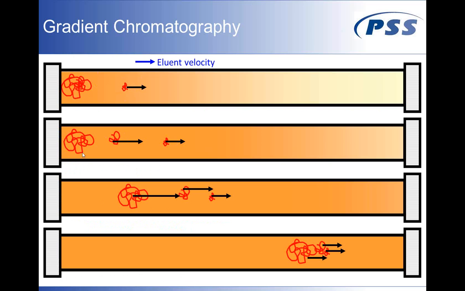And finally, at a certain composition, the fat ones here will also start to migrate, but they are already very close to critical conditions and will move much faster than the other ones. And for that reason, because the big molecules will catch up with the smaller ones, you will end up basically at the end of the column, say, in a linear gradient, with all molecules eluting at the same time.